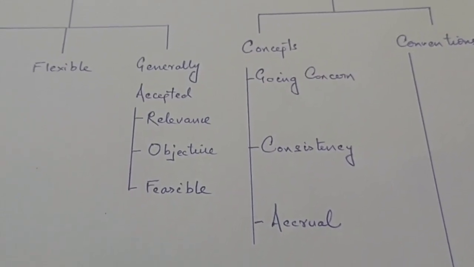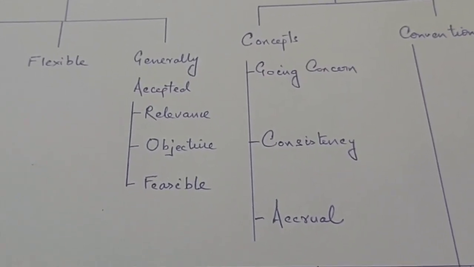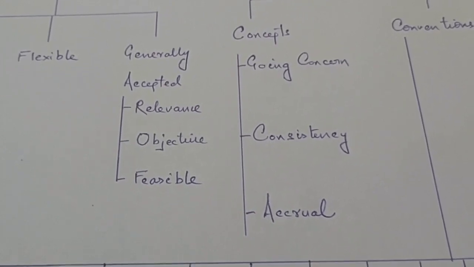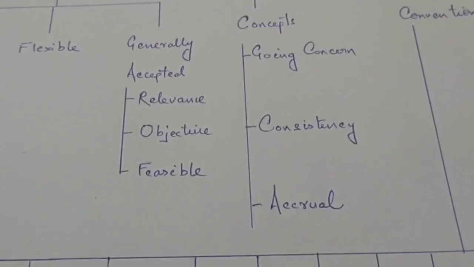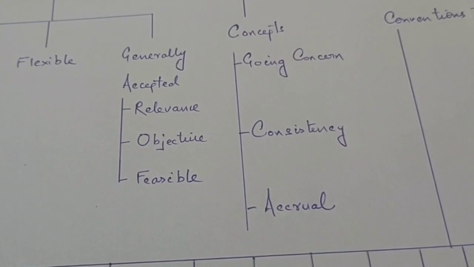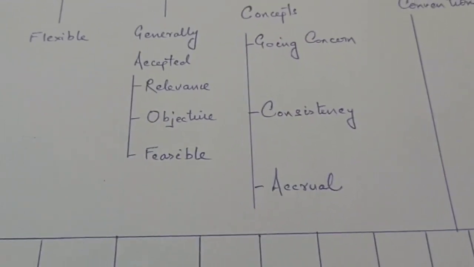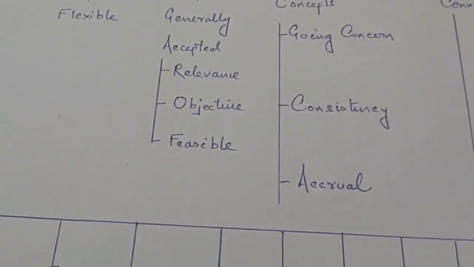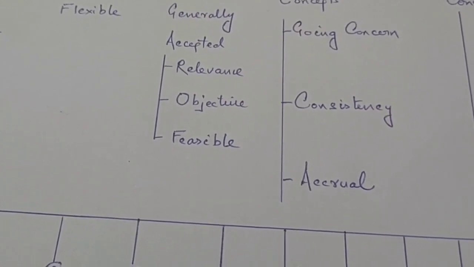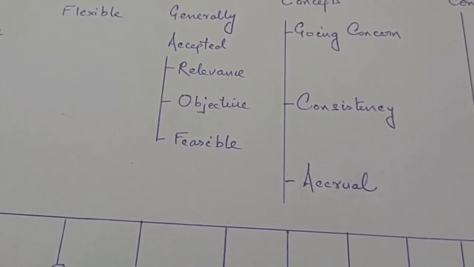When we think that the business will go on for an unforeseeable time in the future, certainly our expenses can be classified into two parts: expenses which are for the short term and expenses which are for the long term.